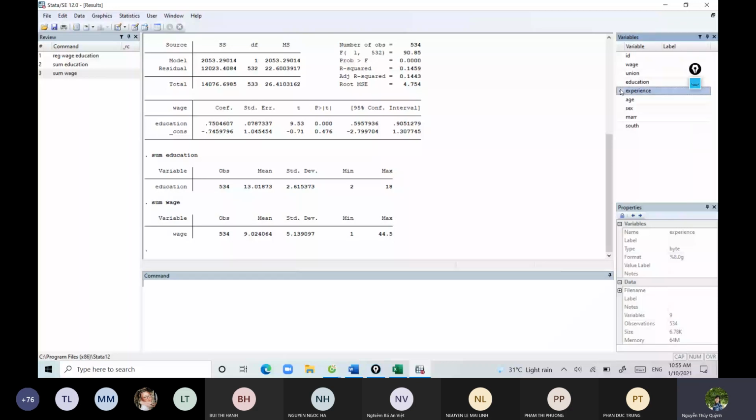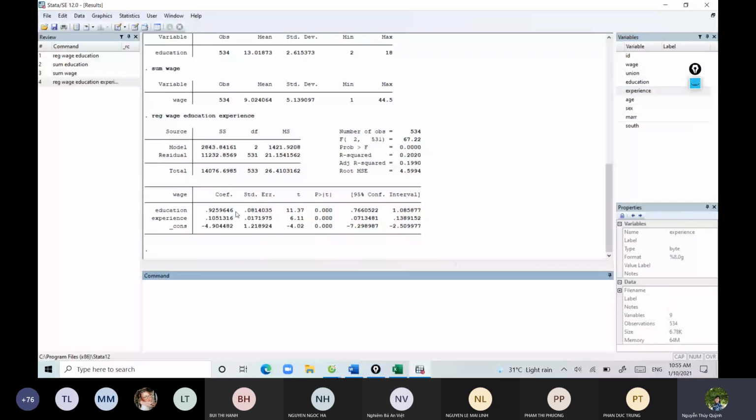So we have the constant here estimated to be minus 4.9.